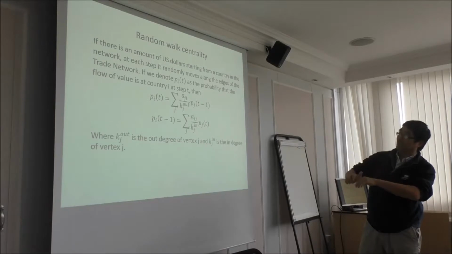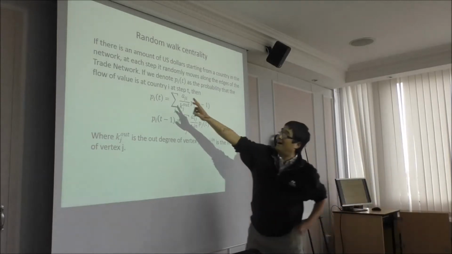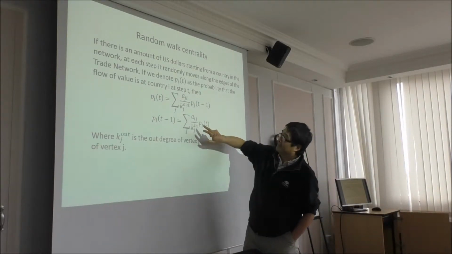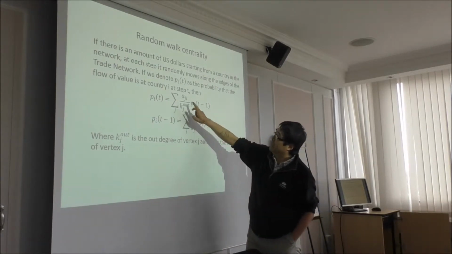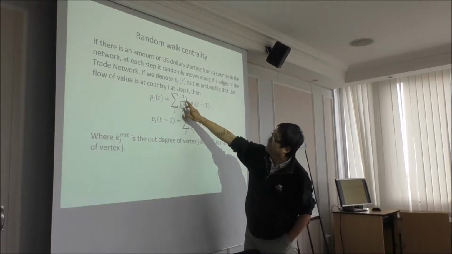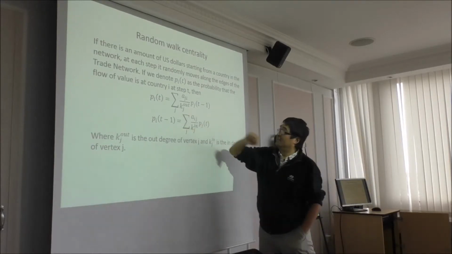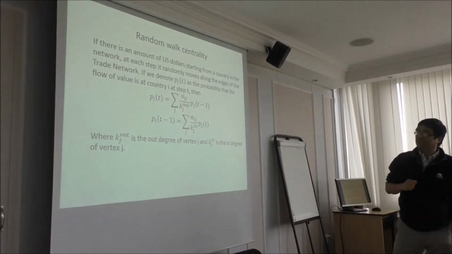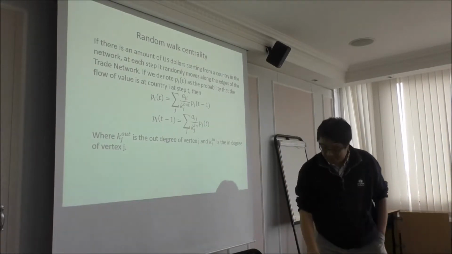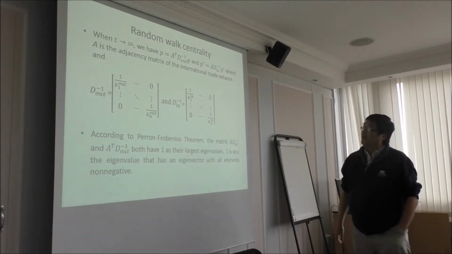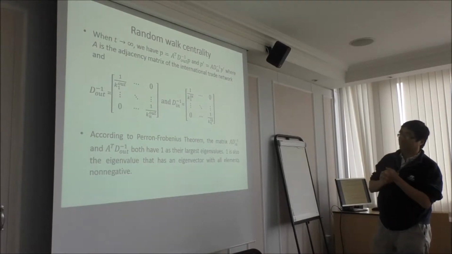If we denote by p_i(t) the probability that the flow of value is at country i at step t, then the random walk centrality is defined as the sum over all the countries that export to your country, divided by their degree centrality, out centrality, times the probability at the previous time step. So this can be regarded as an additional measure, which is not too important for us anyway.